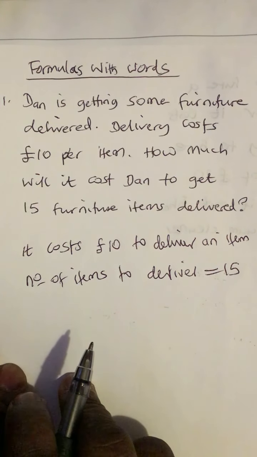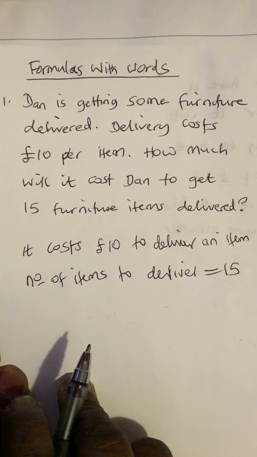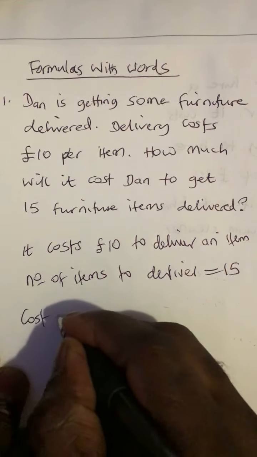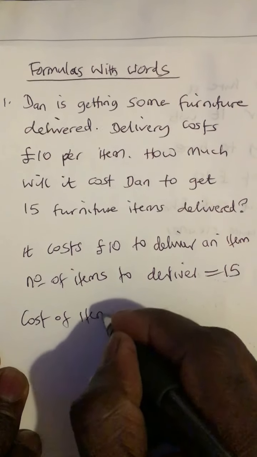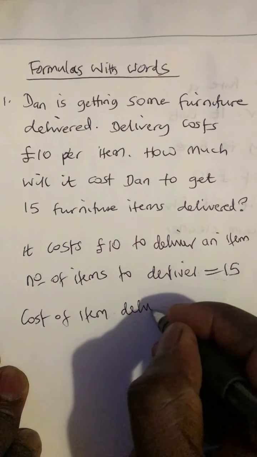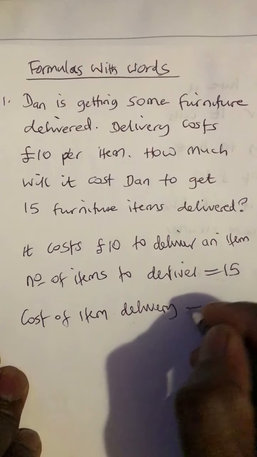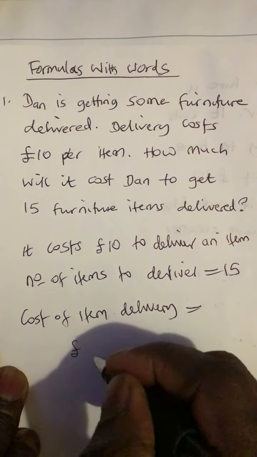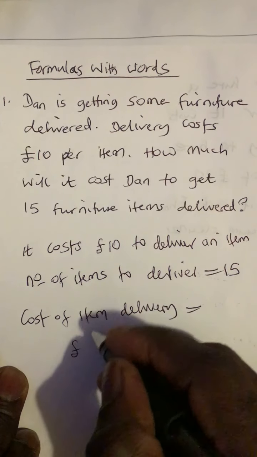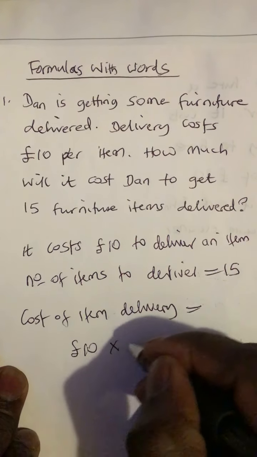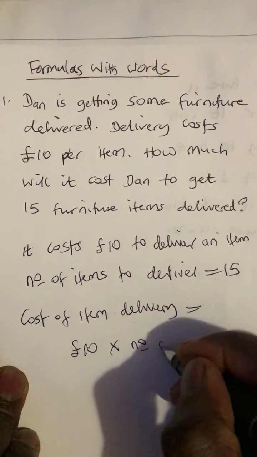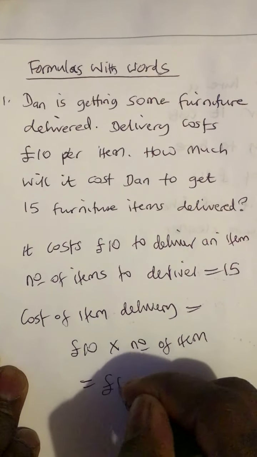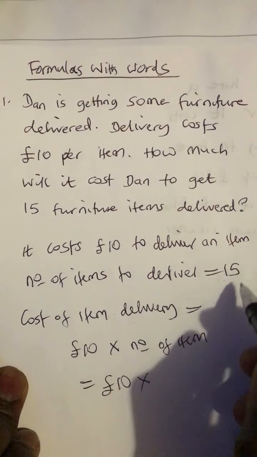So the cost of item delivery is equal to the cost to deliver one item, which in this case is £10, times the number of items to deliver. So this will give us £10 times the number of items, 15.